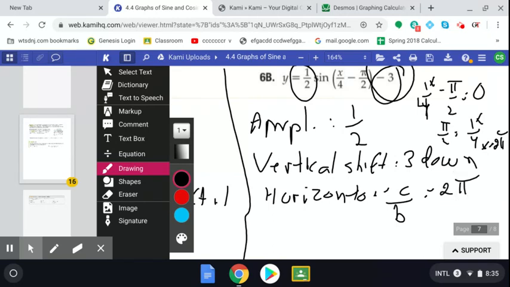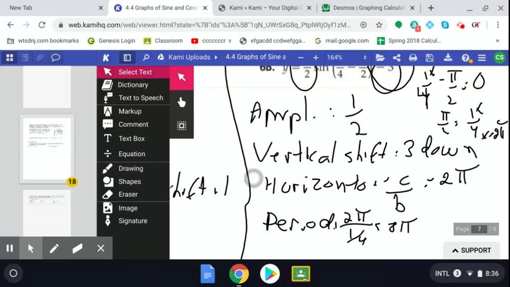And the period would be 2 pi over b. In this case, b is 1 over 4, which gives you 8 pi. So that makes sense. It's going to be 0, 2 pi, 4 pi, 6 pi, 8 pi. Okay? And that's how you can graph.